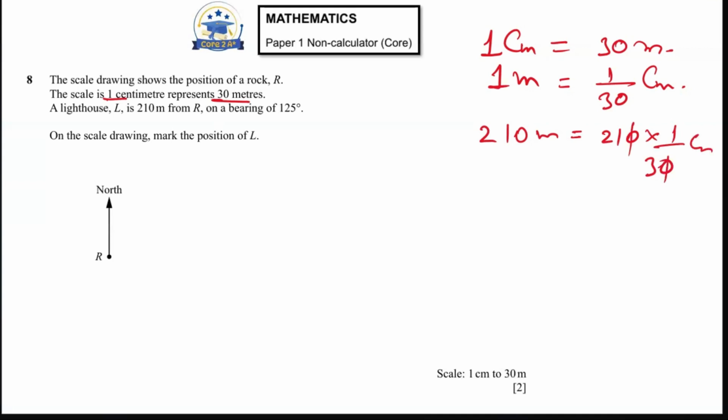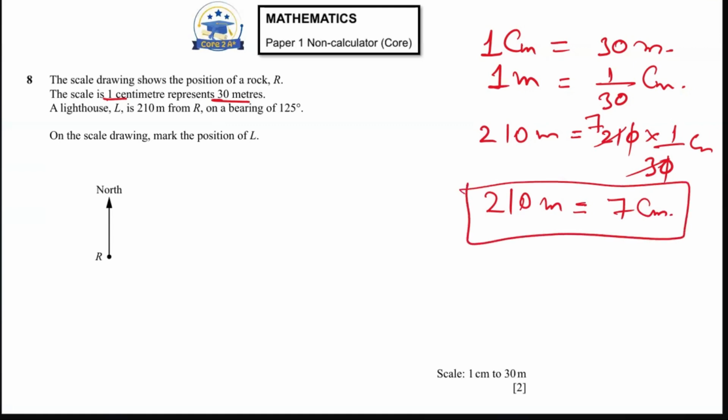So we can cancel, and it is 7. So 210 meters is equal to 7 centimeters by using the scale. So actually this is the answer, but let me explain what it means.